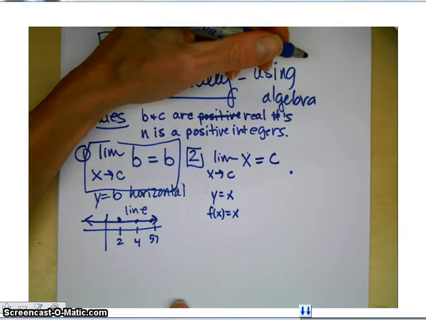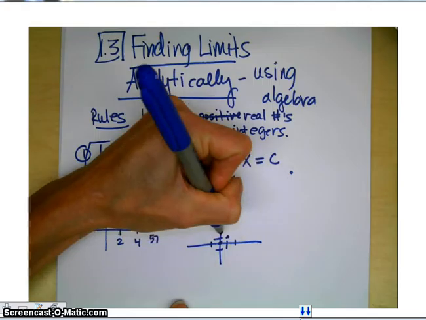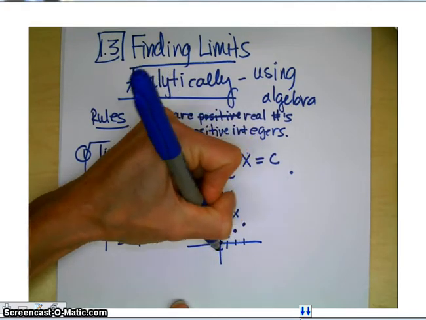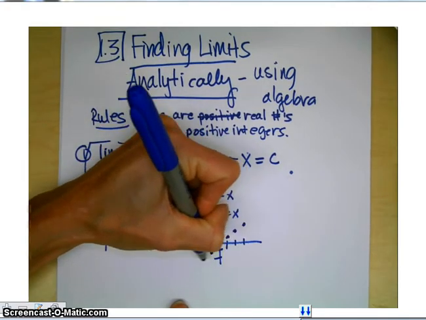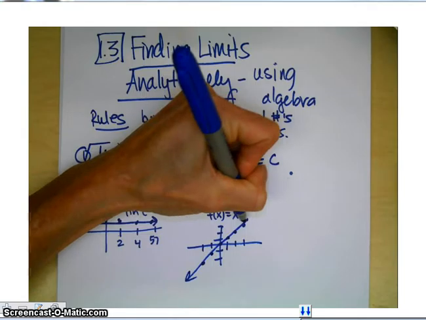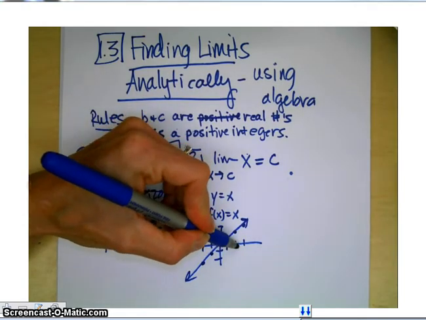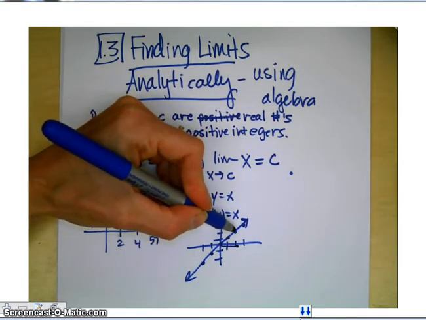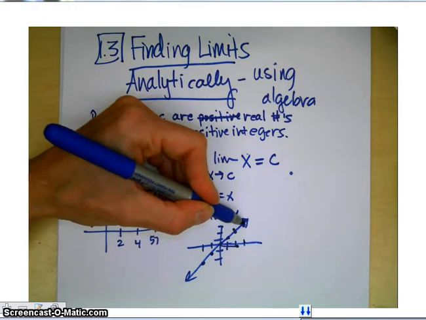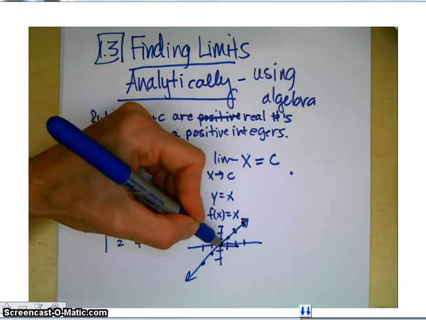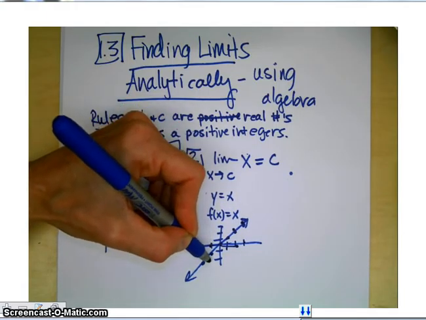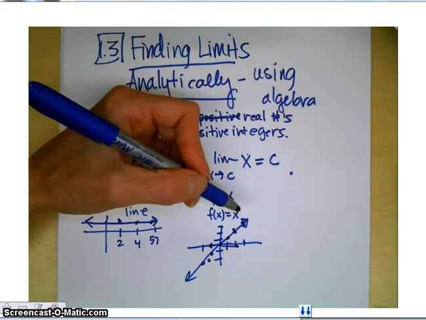The graph of that is the line that goes through the points (1, 1), (2, 2), (3, 3), (-1, -1), (-2, -2). So the limit as x goes to 2 is 2. The limit as x goes to 3 is 3. The limit as x goes to -1 is -1. Because every y value and every x value are equal.